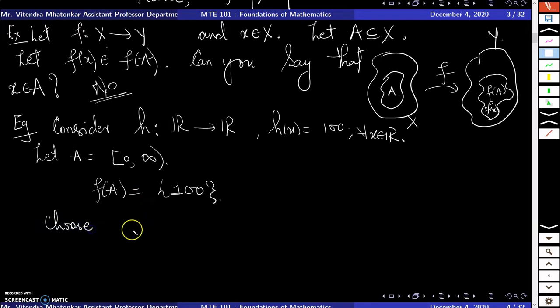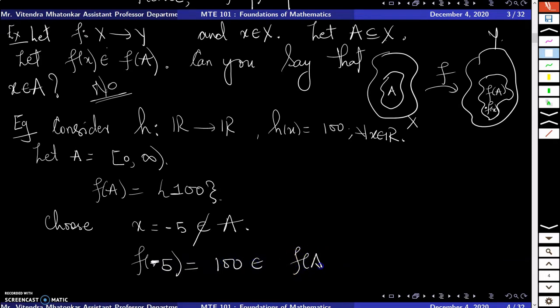Now if you pick up a point which is not there inside the set A, choose x equal to -5, which is not there inside A. But what is f of x? That is, what is f of -5? That's 100, which is a point inside f of A. So f of -5 is there in f of A, but -5 is not there in A, right?